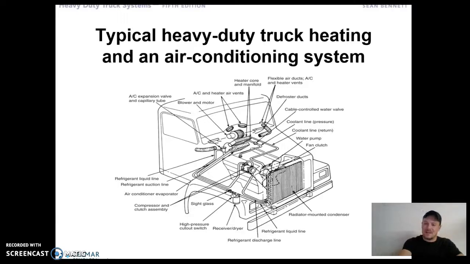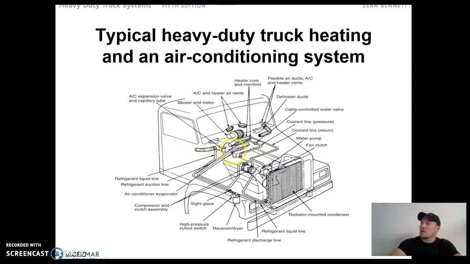That's the effect, because there's a pressure differential, which would be the cause of the temperature differential. So we have the low pressure on the output side, which then goes into our evaporator right here, our evaporator core.